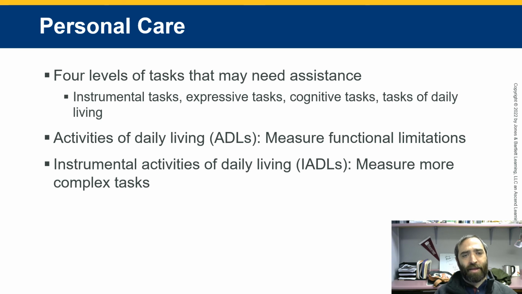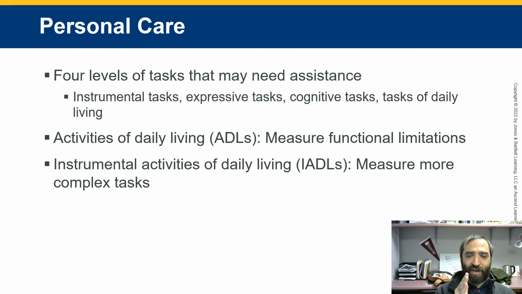So, activities of daily living, or ADLs, sometimes show up on charts. These measure the functional limitations. It may be that as the person goes from being 70 to 80, they have more limitations on their ADLs, and then as they move from 80 to 90, they have increased limitations.